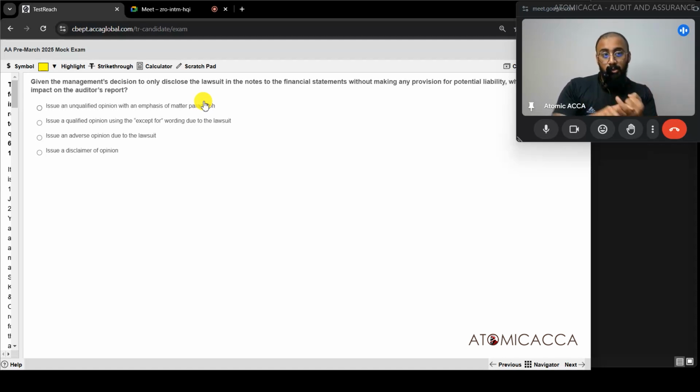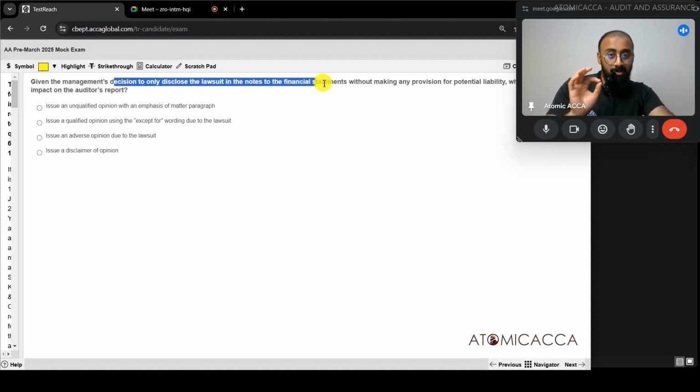Auditors also got a direct confirmation from the legal advisor that this is only possible, which means only disclosure is needed. No need to make any provision or liability within the financial statements. So by only disclosing the lawsuit in the notes without making any provision, there is no problem in the financial statements because everything is proper.